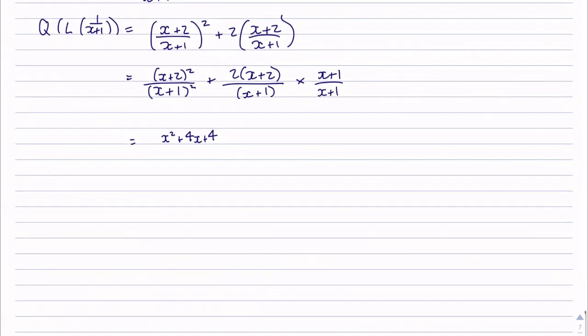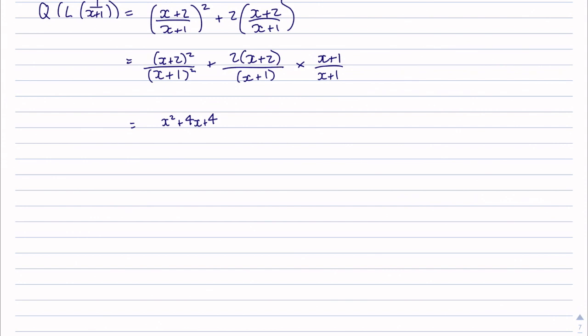Okay, back down to this one. x squared plus 4x plus 4 plus 2. Then I've got my x plus 2, and don't forget I times that by x plus 1. And on the bottom of this, I've got x plus 1 squared because that's the same on both sides. Gives me x squared plus 4x plus 4 plus, now I'm going to expand these brackets.